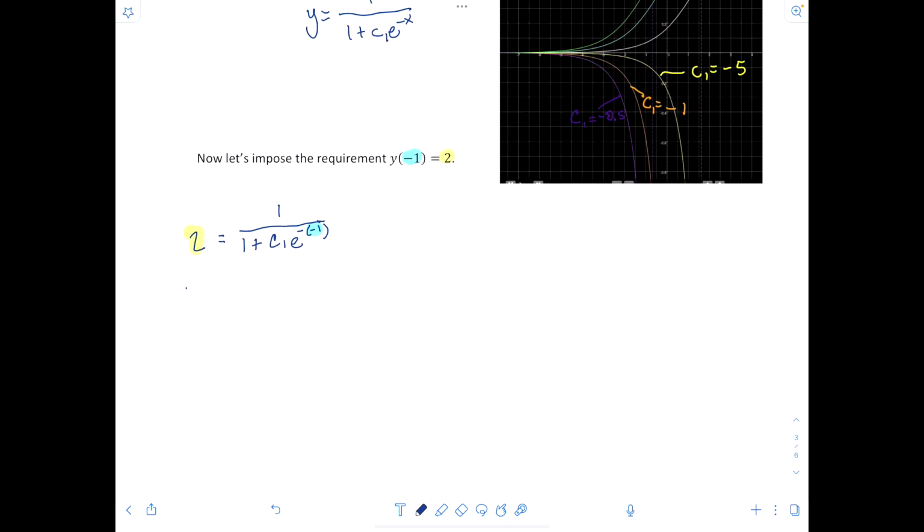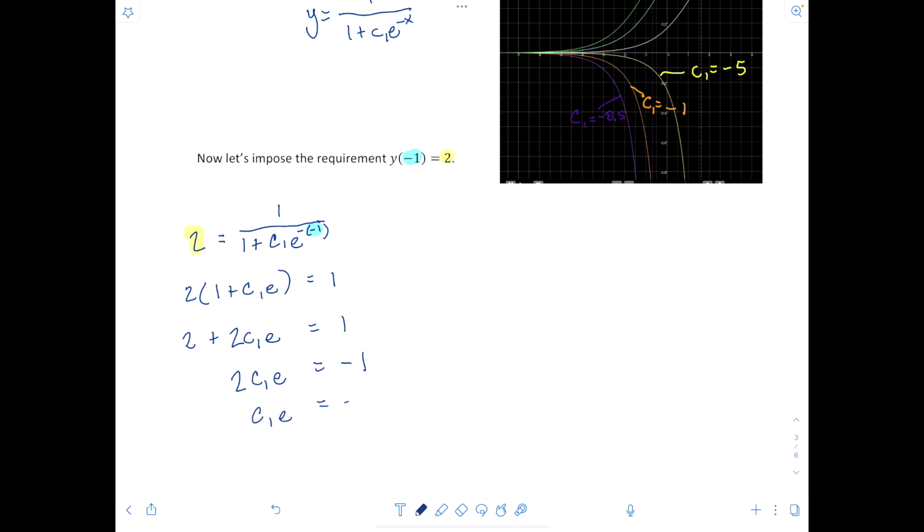So 2 times (1 plus C1 e), since e to the -(-1) is just e, would be equal to 1. That would give us 2 plus 2C1 e is equal to 1. And then 2C1 times e is equal to -1.